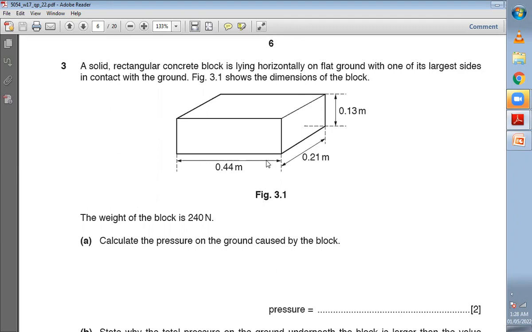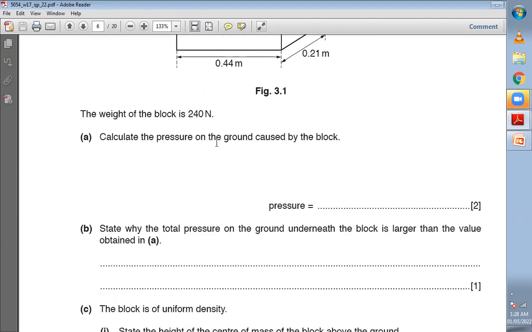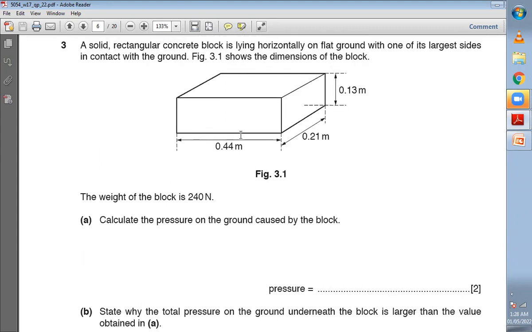So the largest face is in contact with the ground. The weight of the block is 240 Newton. Calculate the pressure on the ground caused by the block. Here I can find the area of the block in contact with the ground, and the pressure will be weight divided by the contact area. Very simple. It's a 2-mark numerical.